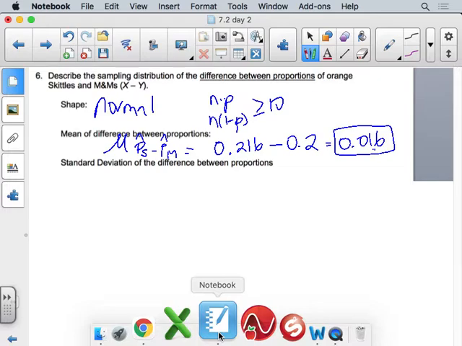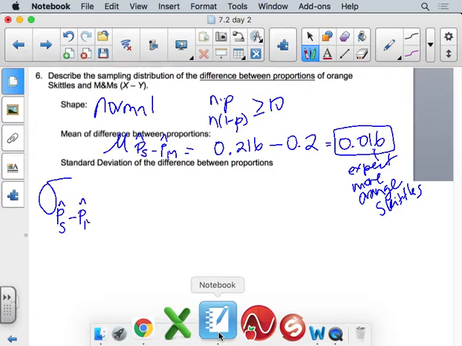That means that we're expecting more orange Skittles than M&Ms. That's basically what that means. Okay, and then obviously it's not always more Skittles, so what's the spread? What is the standard deviation of the proportion of Skittles minus the proportion of M&Ms?